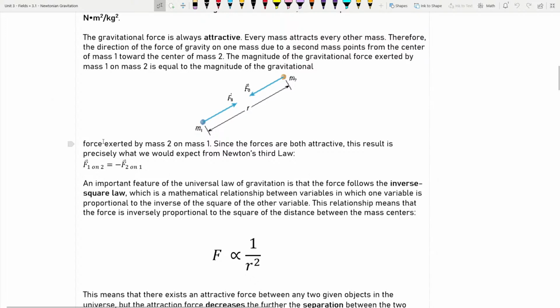And this means exactly what you would expect it to mean. It means that whatever the force in one direction is, the other one will just be the negative of that. The second force due to gravity is equal but opposite to the first.